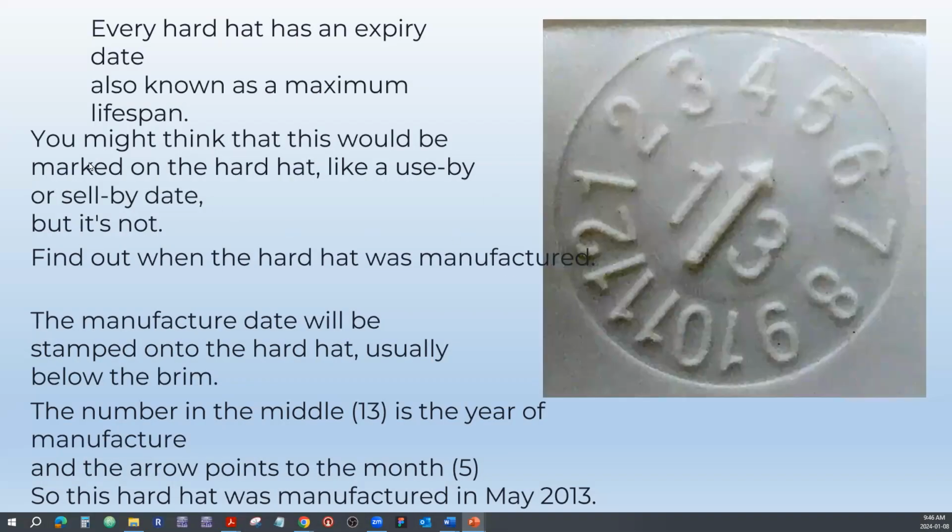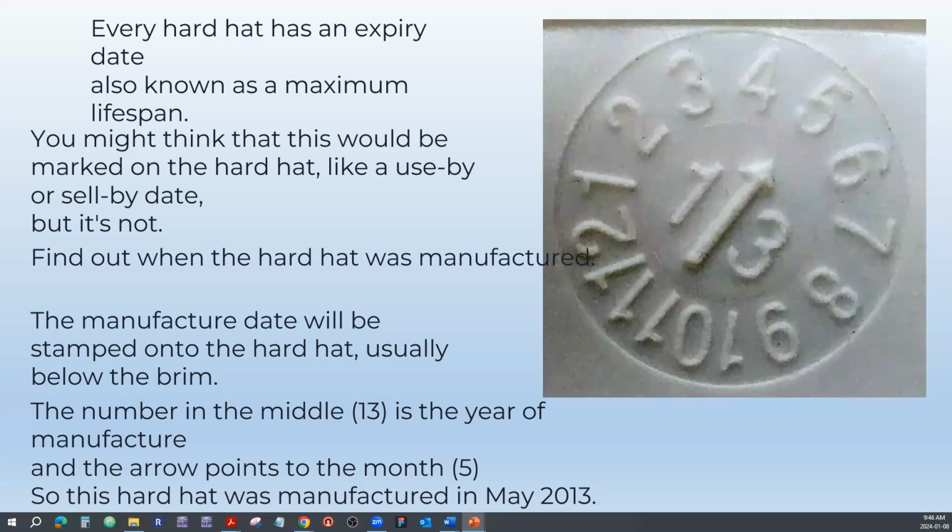You might think that this would be marked on the hard hat, like a used by. Okay, so the hard hats are not marked. Like let's say you go to a grocery store and get a bag of milk, and it says best before, so the date by which it should be consumed is marked. On hard hats, it's different.